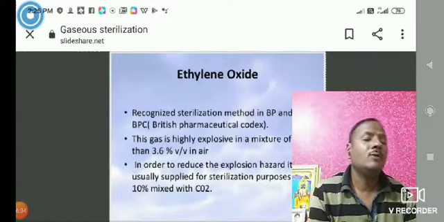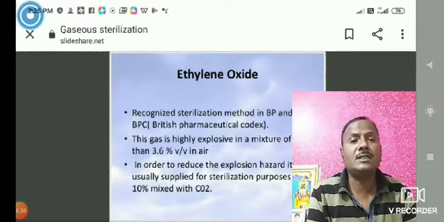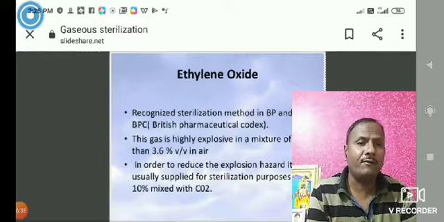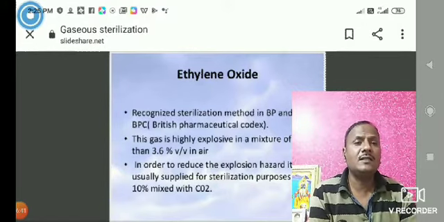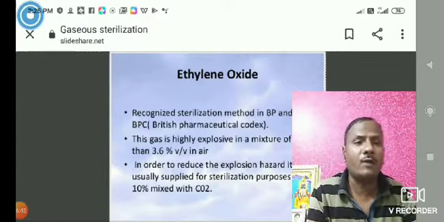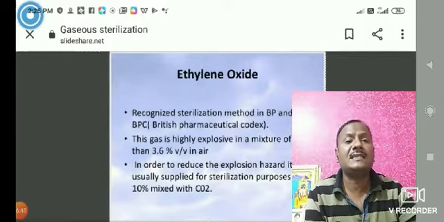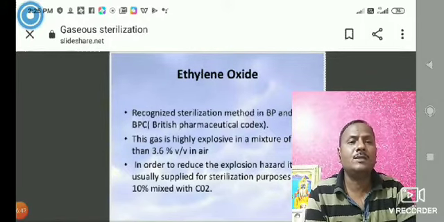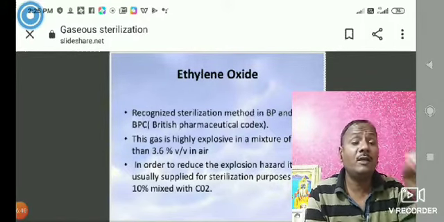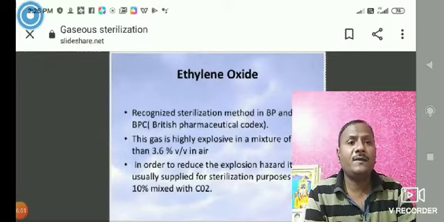It means that we cannot use ethylene oxide in a concentrated form, but we can use it in diluted form, at 3.6% volume by volume, which is an effective dilution against microorganisms.